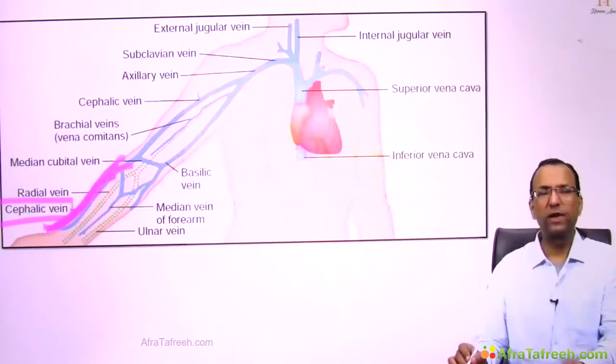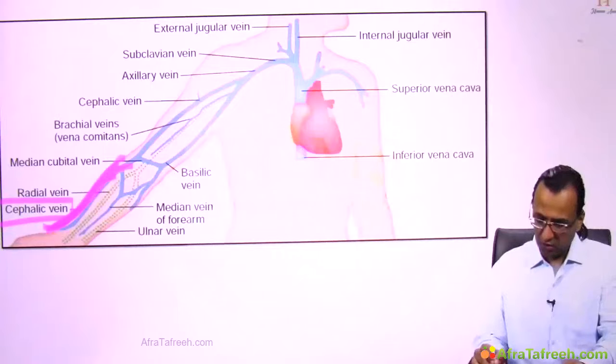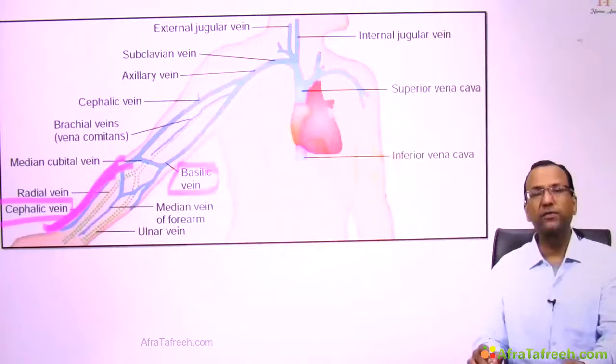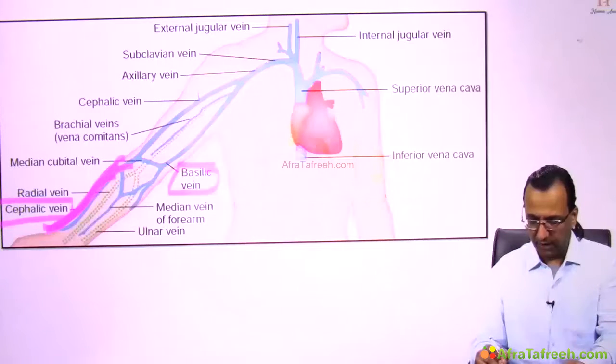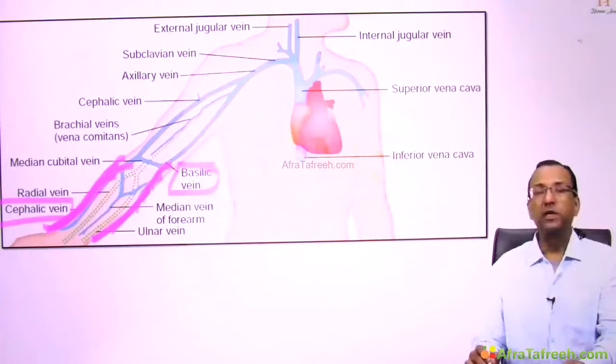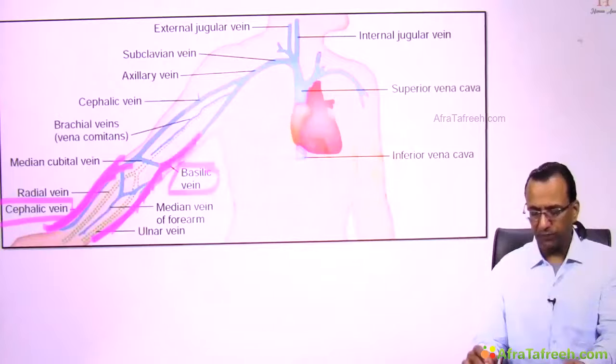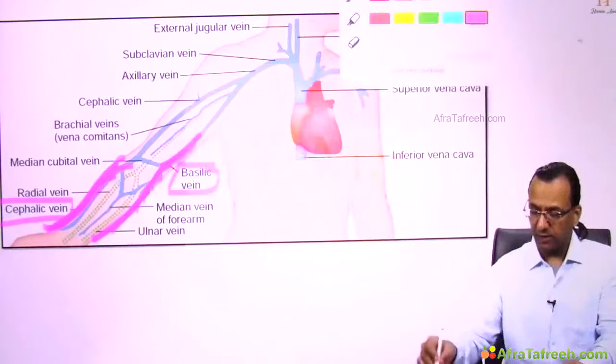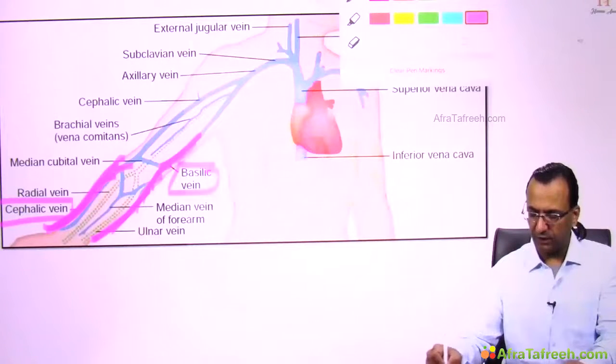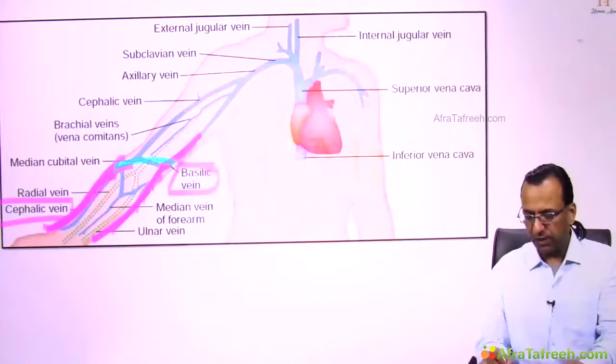Then which is the superficial vein at the base of the forearm? The superficial vein at the base of the forearm is called the basilic vein, and this basilic vein will then receive a contribution from the cephalic vein. That contribution from the cephalic vein, which is running at the roof of the anatomical snuffbox, is called the median cubital vein.